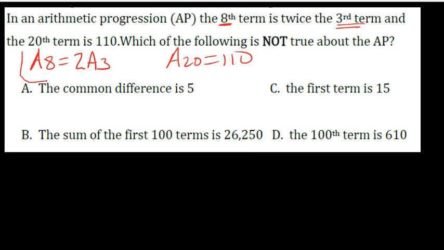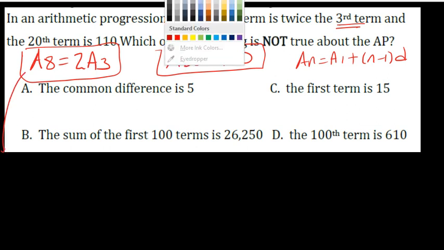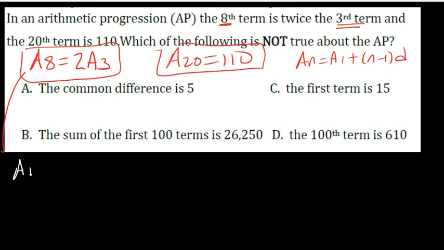We have these two given conditions, and then which one of the following is not true, it says. But remember, an means a1 plus n minus 1 times d. This is a formula. So a8, according to that, let's write it. a8 is the same as a1 plus 7d, equal to 2 times a3, which means 2 times a1 plus 2d.